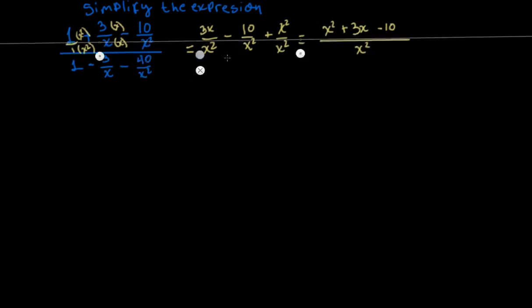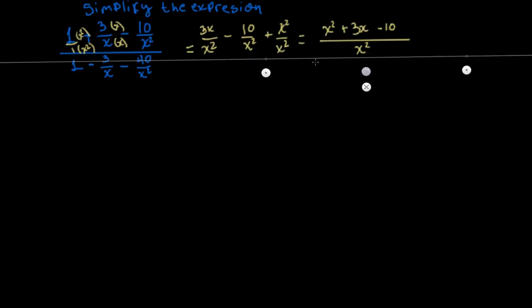Now we need to remember that we have another division here, which is this part, so we're going to solve for this part. As we know, x to the power of 2 is going to be the common denominator for these three as well.